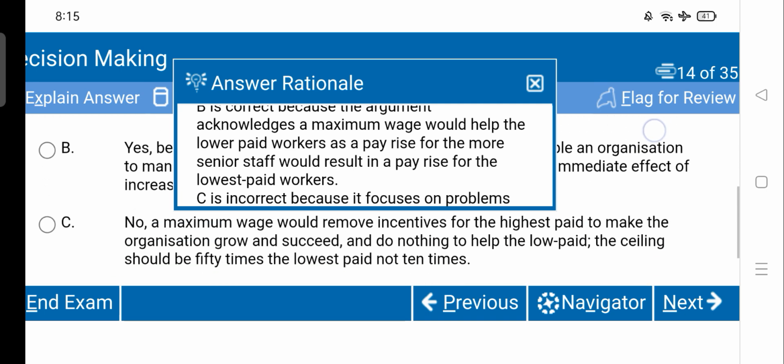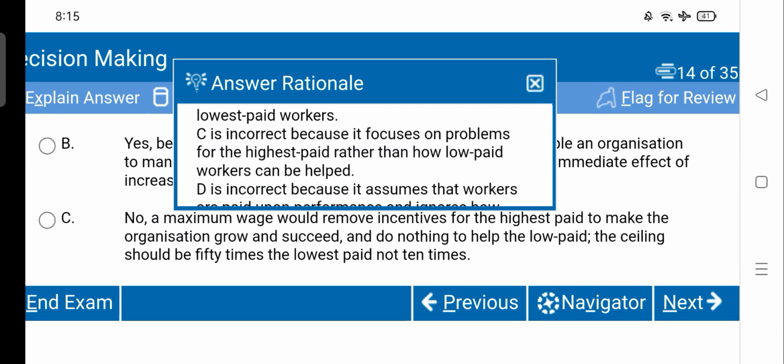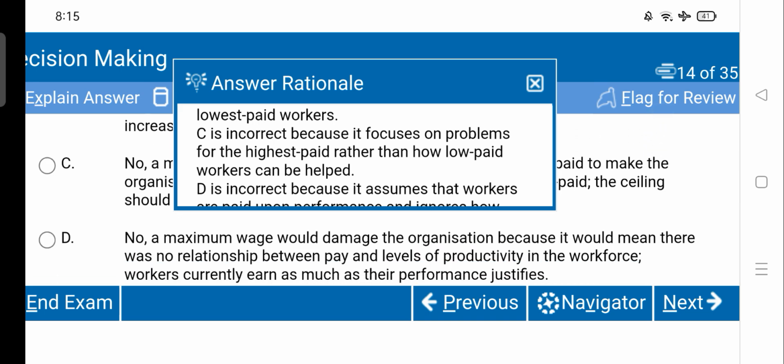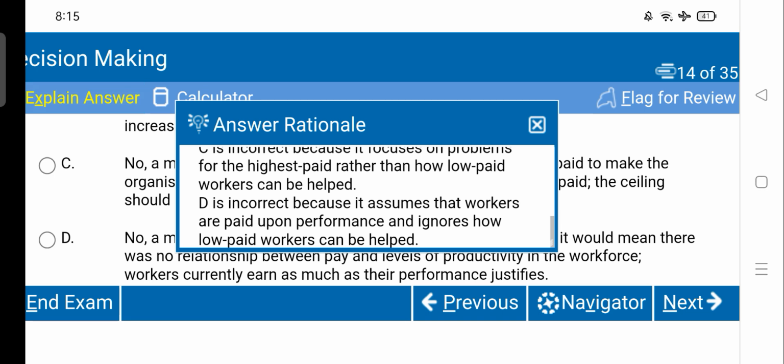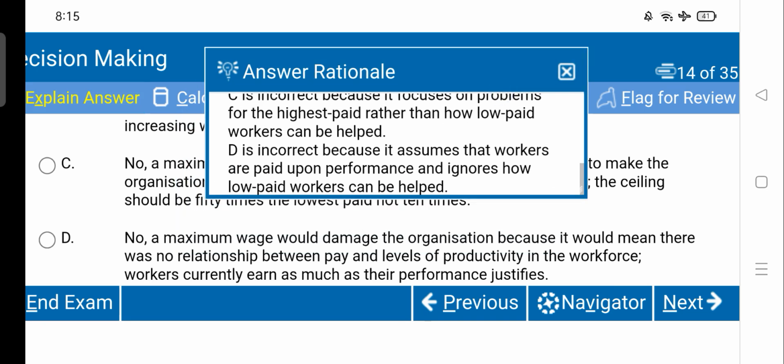Option C is incorrect because it focuses on problems for the highest paid rather than how low paid workers can be helped. Option D is incorrect because it assumes that workers are paid based on performance and ignores how low paid workers can be helped.